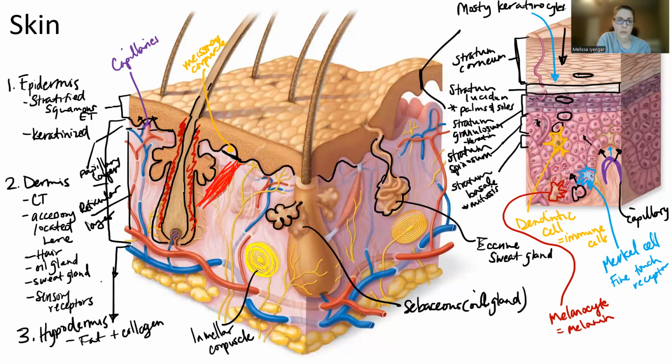So everybody has the same number of melanocytes. It's just a matter of your genetics saying what type of melanin do you produce and how much quantity do you produce. You could be kind of pale like me, which means I don't actually make a lot of melanin, and it is the lighter shade of melanin. You can have a slightly darker skin tone, or you can have a really dark skin tone, and it's just a matter of making more melanin.